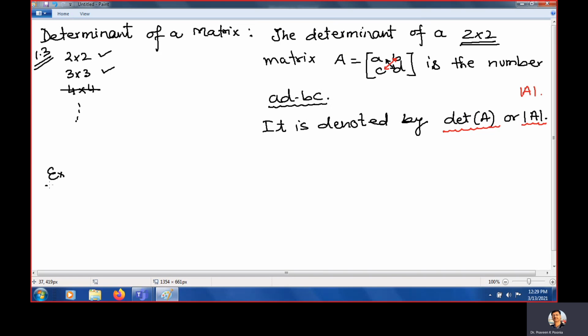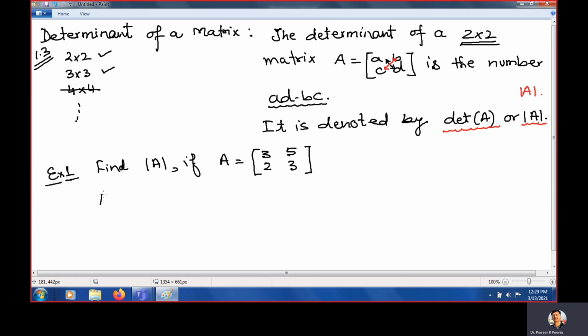So example number 1 is find the determinant of A if A equals 3, 5, 2, 3 like this one. Clear?